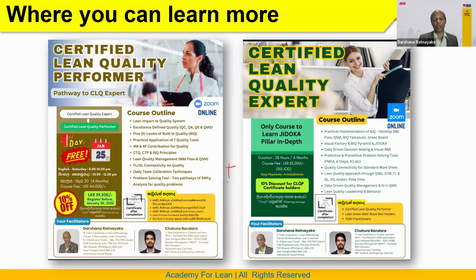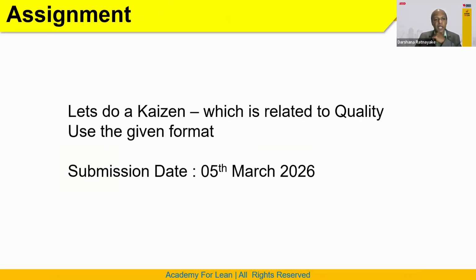This is the only course currently available in the world to learn this Jidoka concept fully. Tarindu has already done it and is qualified as a Lean Quality Expert. This is a practical course, not a theory course, on how we can use these concepts to improve the quality of our process. This is another option if you want to learn further.